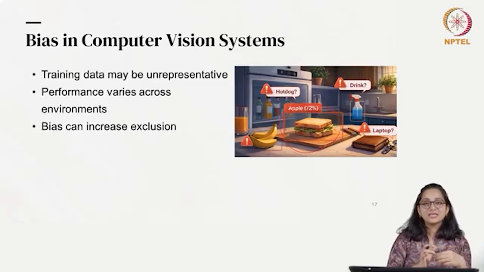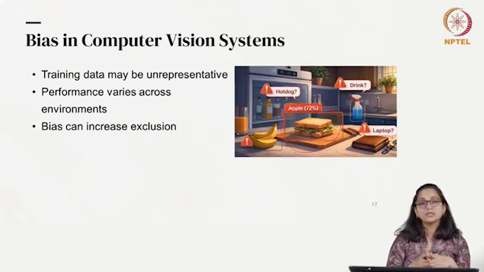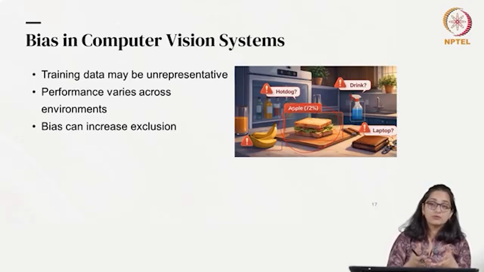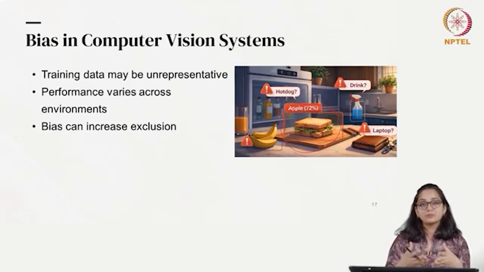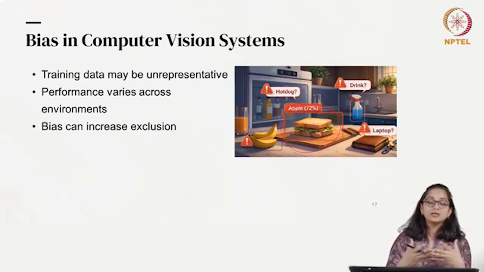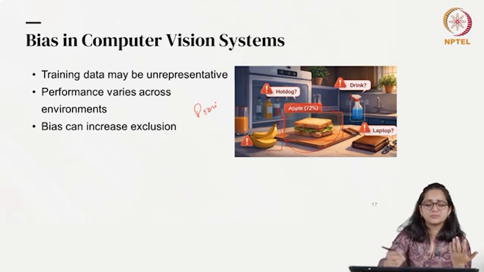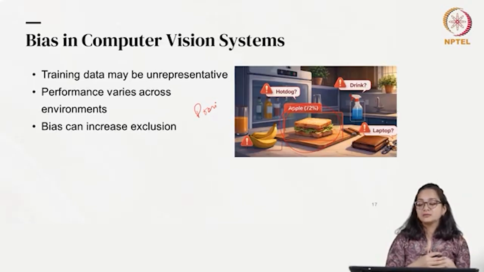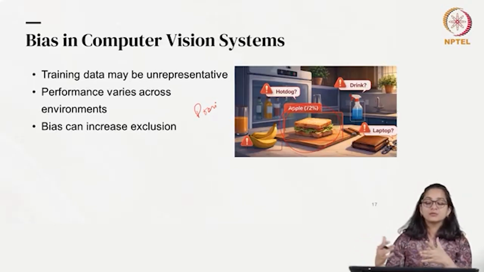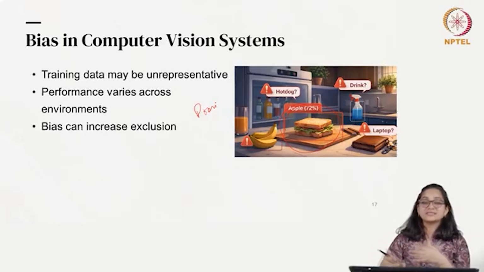So training data many a times may be unrepresentative. That means that it is not comprising of, say, Indian context, right? So what if our commonly known breakfasts are say a puri or sabji, and then most of the data on which the model is being trained is a sandwich, for example, which is breakfast.